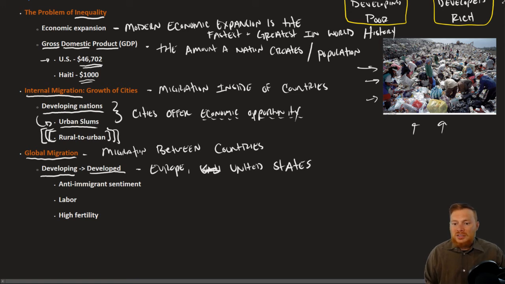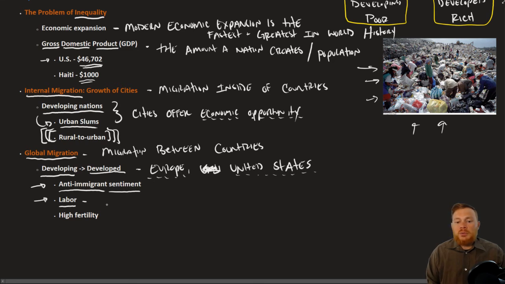And what this has done is that it's created somewhat of a backlash. There are a lot of concerns, especially in countries in Europe and in the United States, about what the effect of immigration might be. This has manifested itself in various types of anti-immigrant sentiment. There are questions regarding the pay of workers.